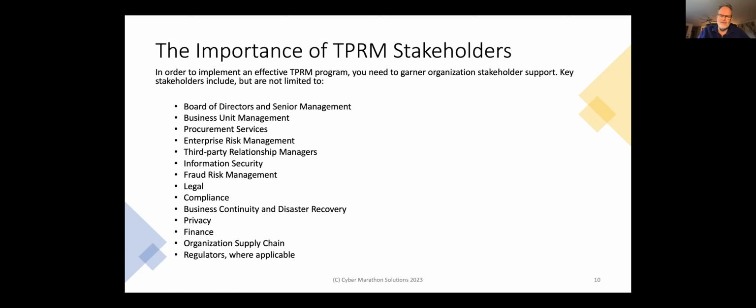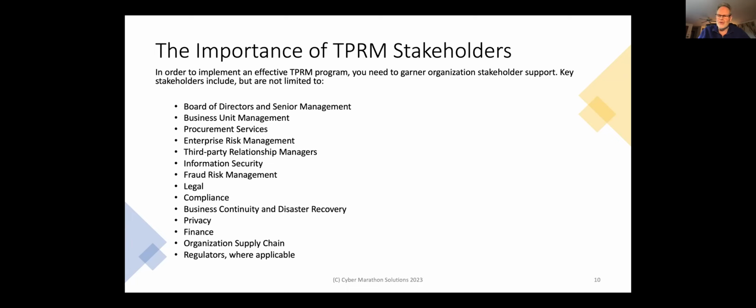The second line of defense, the enterprise and operational risk management teams, their function is to oversee and validate that the controls that the first line of defense people have in place are being effectively administered.